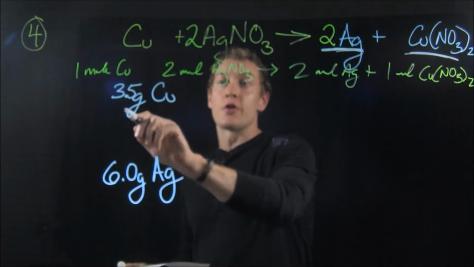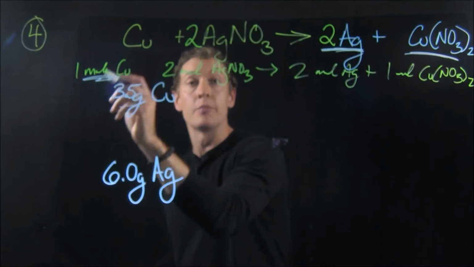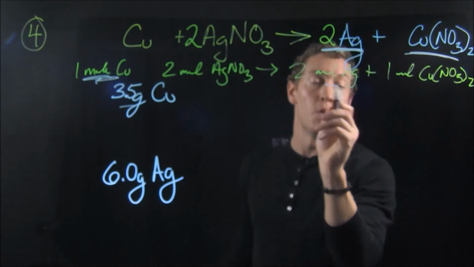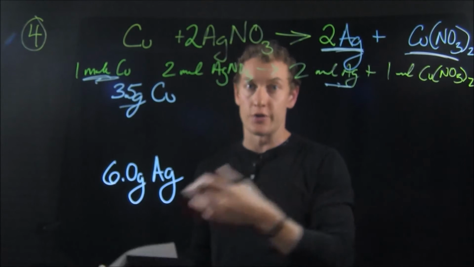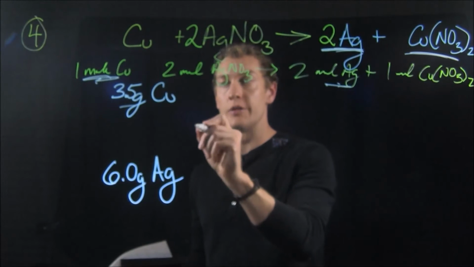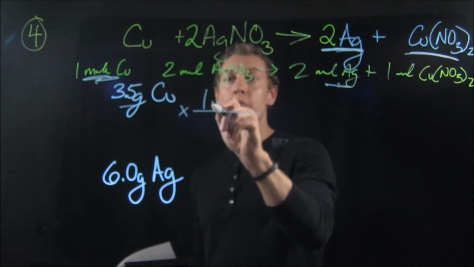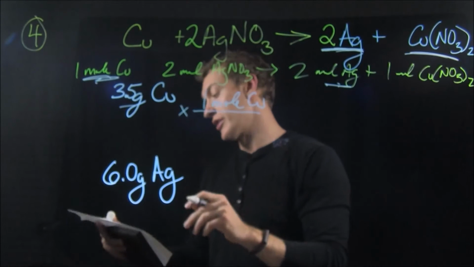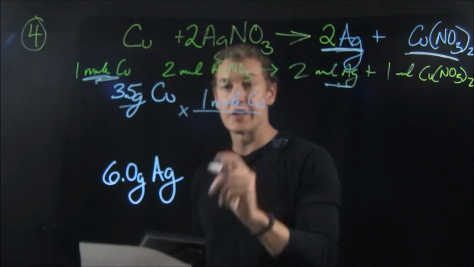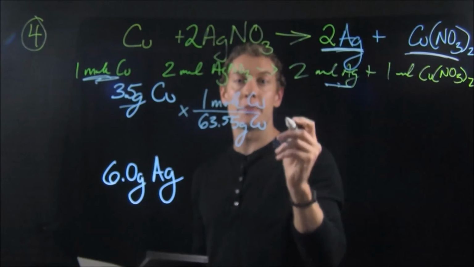So first, if I'm starting with grams of copper, I need to convert that to moles of copper, because moles of copper relates to moles of silver. Moles of silver I can then convert to grams of silver for part B when I need to do it. So we're going to multiply it by 1 mole of copper for every, what is it on the periodic table? 63.55 grams of copper.